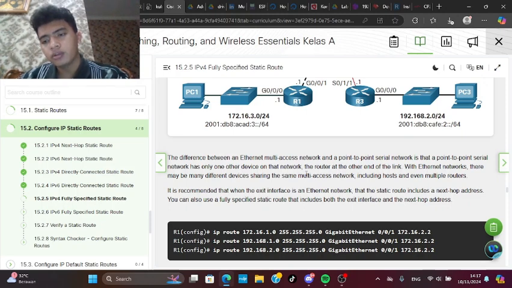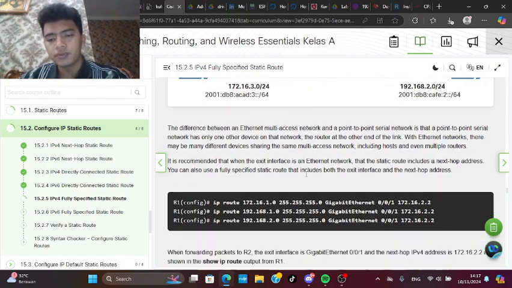With an Ethernet network, there may be many different devices sharing the same multi-access network, including hosts and even multiple routers. It is recommended that when the exit interface is an Ethernet network, the static route includes a next hop address. You can also fully specify static routes that include both the exit interface and the next hop address.